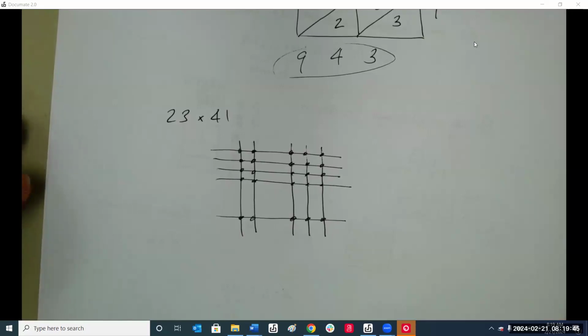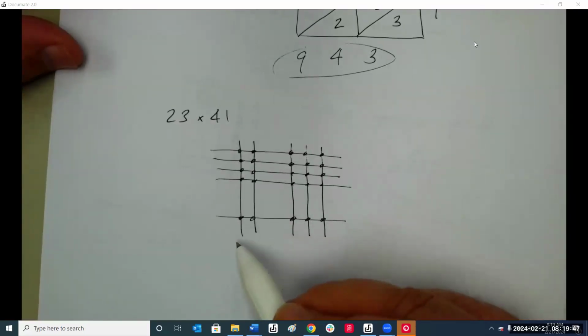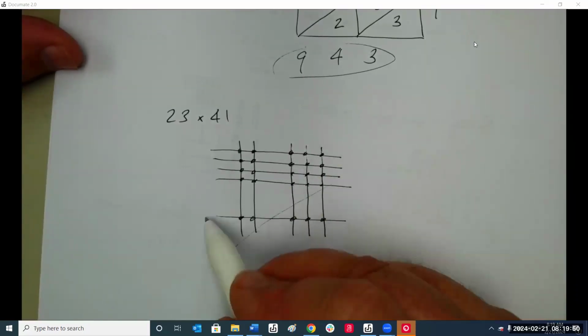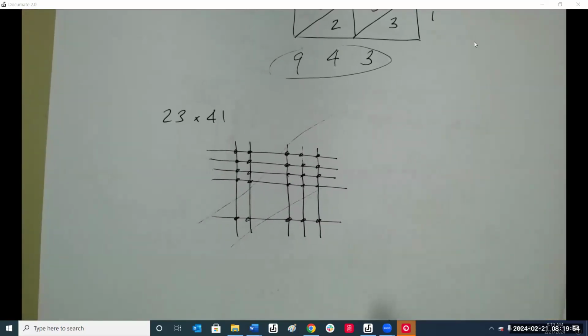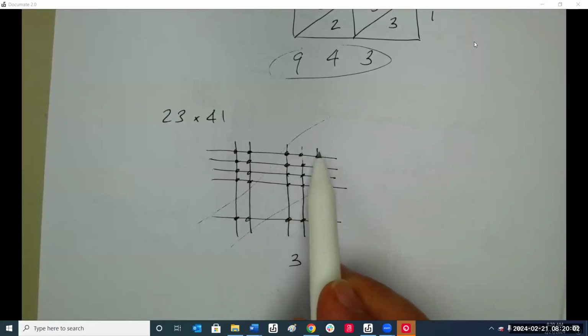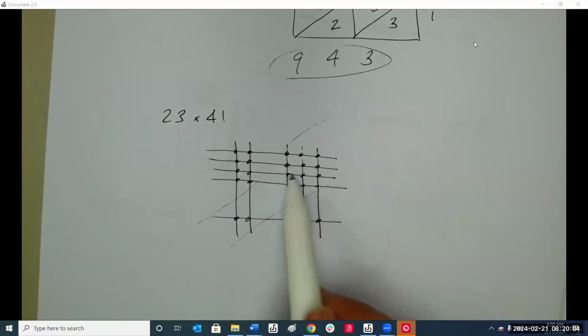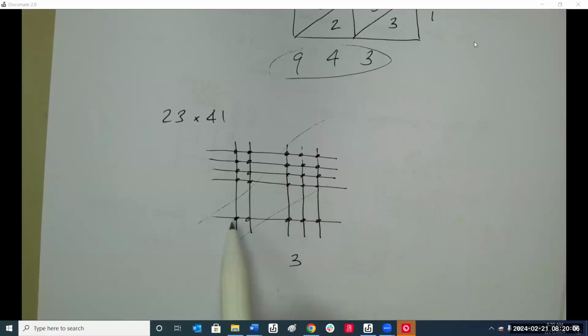This uses the lattice method. We add diagonally. So there are 3 dots here. 1, 2, 3, 4, 5, 6, 7, 8, 9, 10, 11, 12, 13, 14.